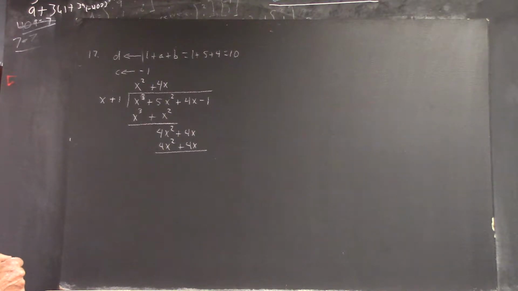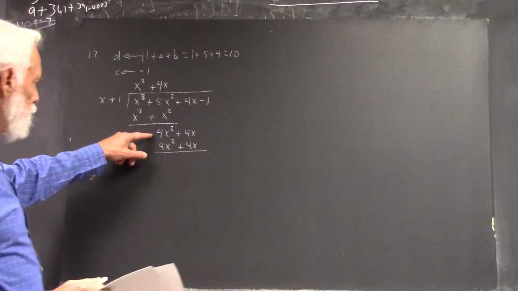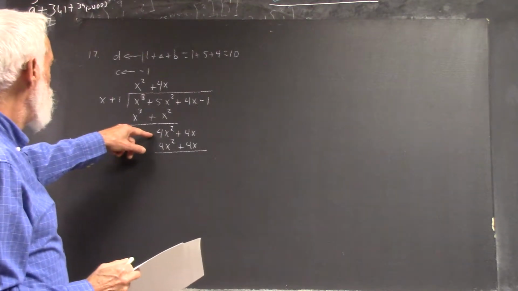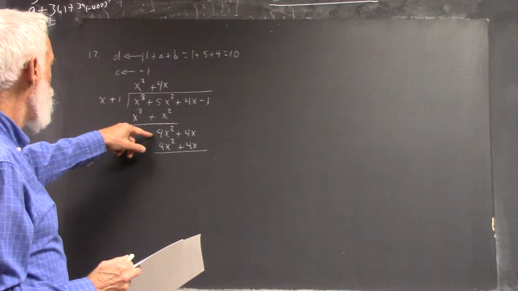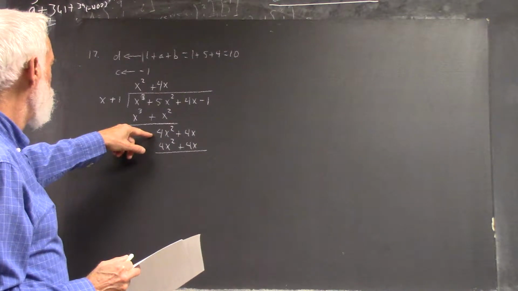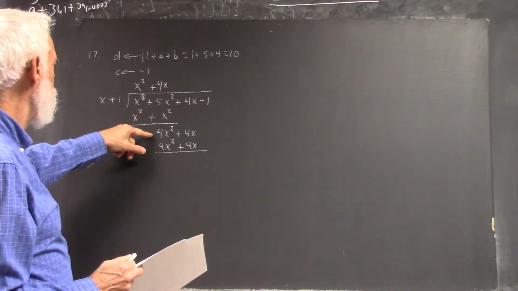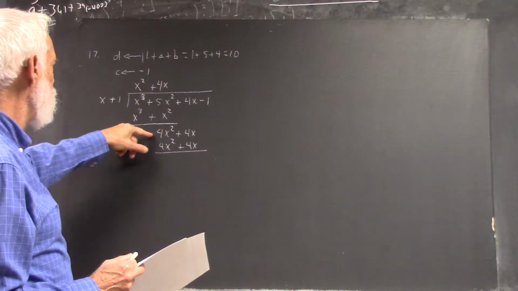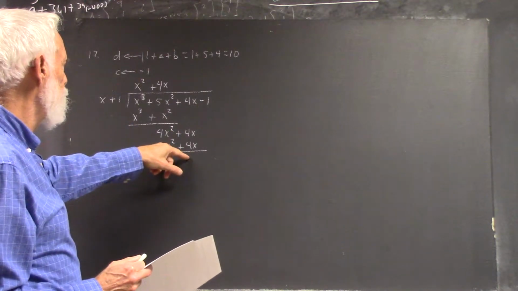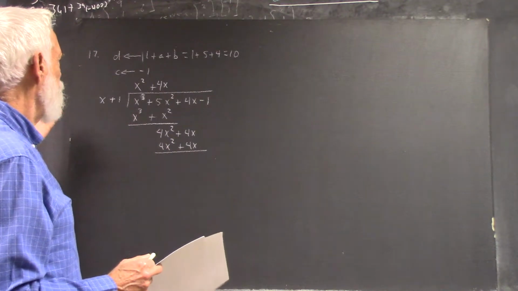So I'm going to change the problem. Again, if that was a -1, I'd have a 6x squared there. And I'd have a 6x, which subtracted from this still wouldn't work. How did I get that wrong?